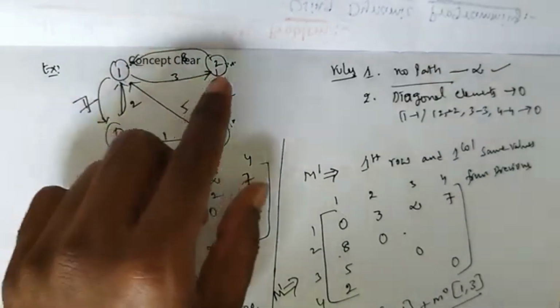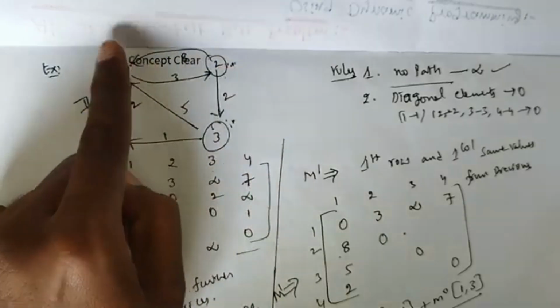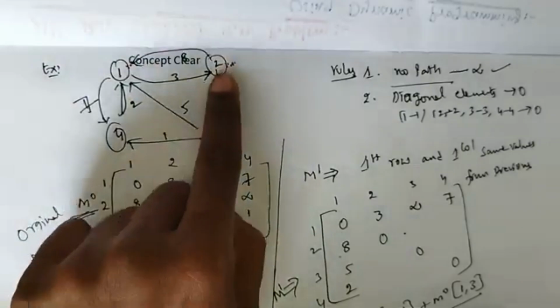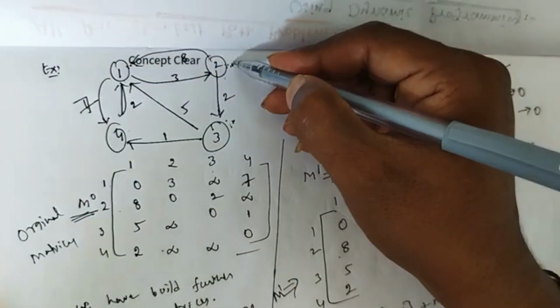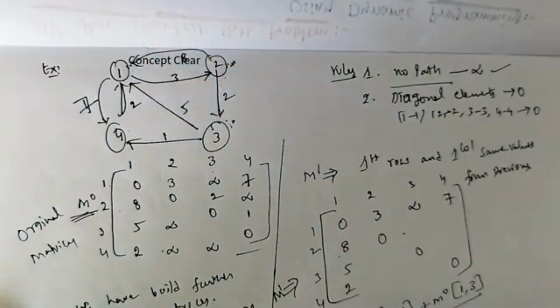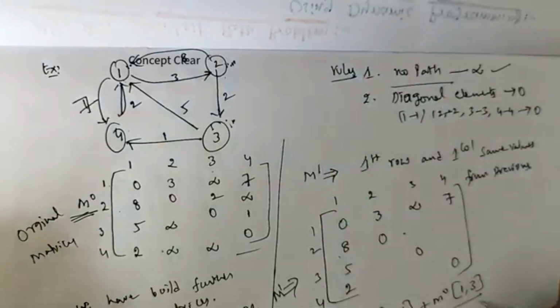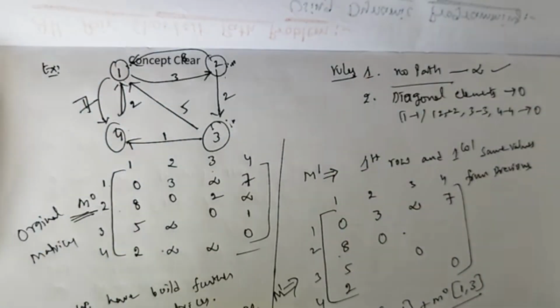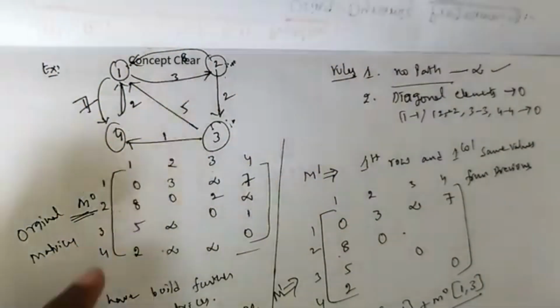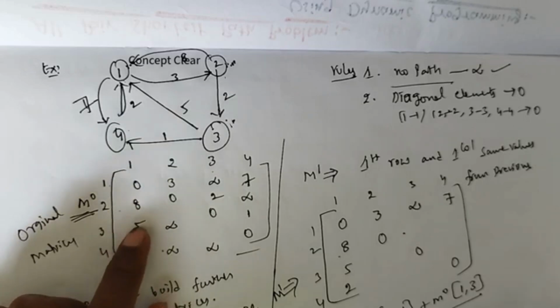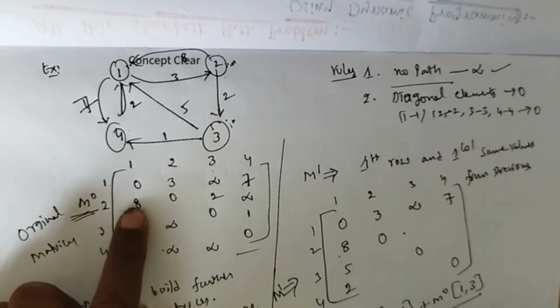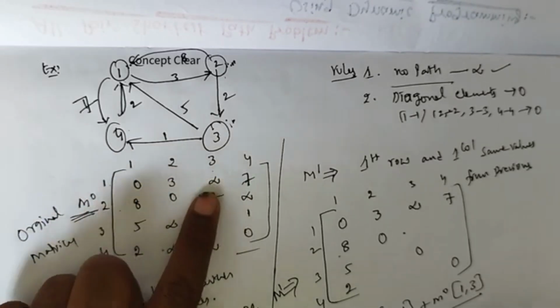How to reach? There is a path 2 to 1 and 1 to 3. The M0 value of 2 to 1 is 8, plus the 1 to 3 value, which is infinity.